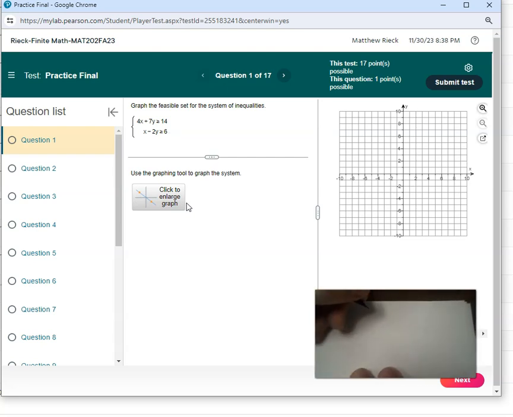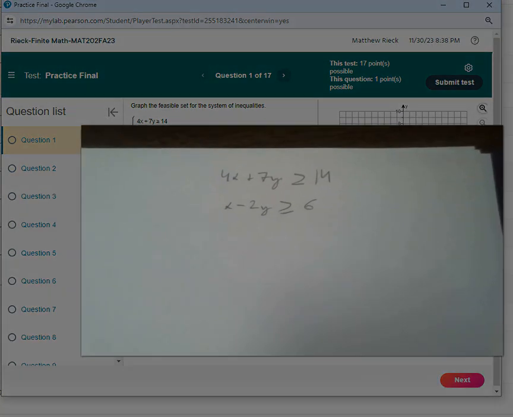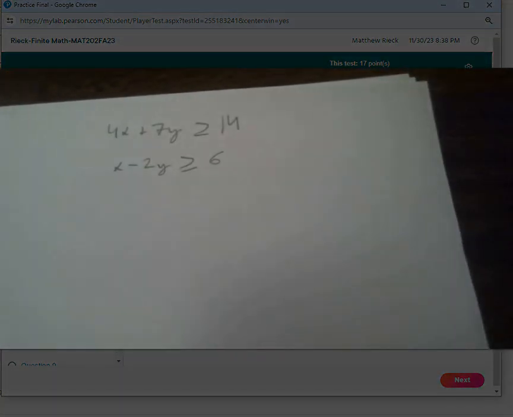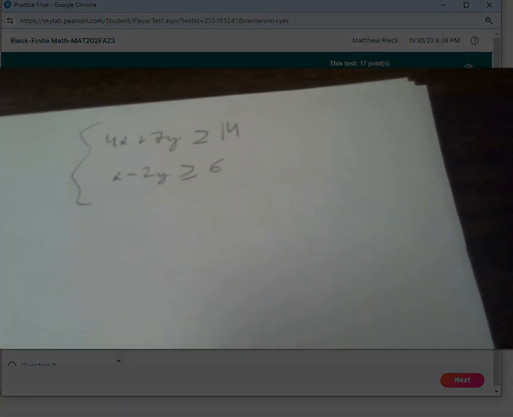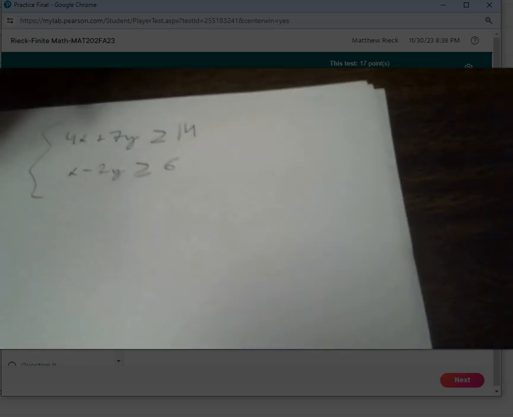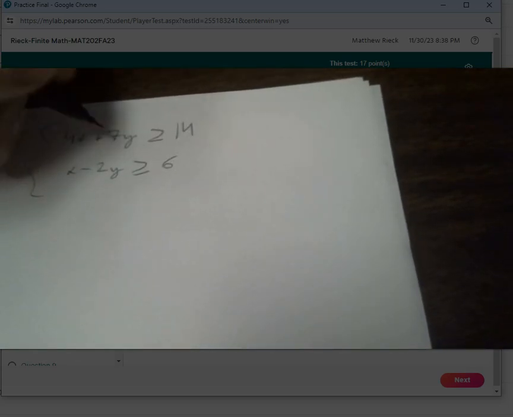All right. So we have 4x plus 7y is greater than or equal to 14, and x minus 2y is greater than or equal to 6. My first step is I would rewrite both of these in slope-intercept form. To do that, we're just going to solve for y, so we just want to get 1y all by itself.